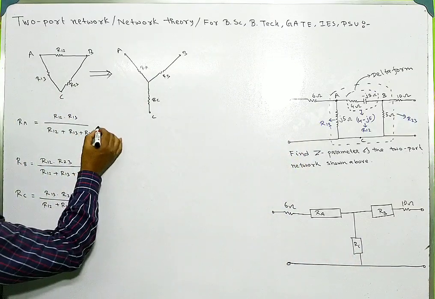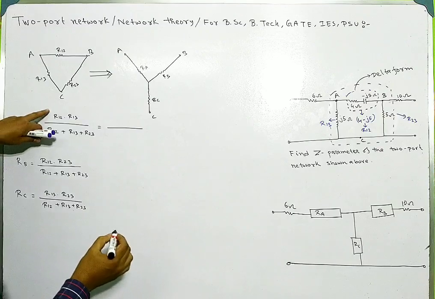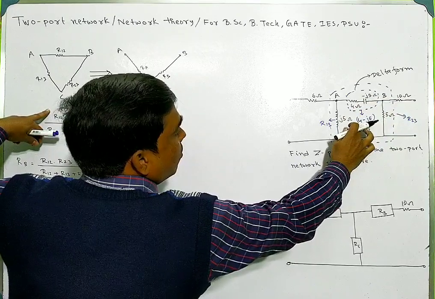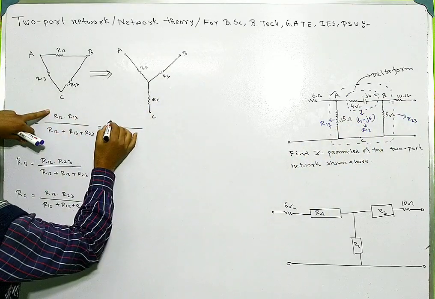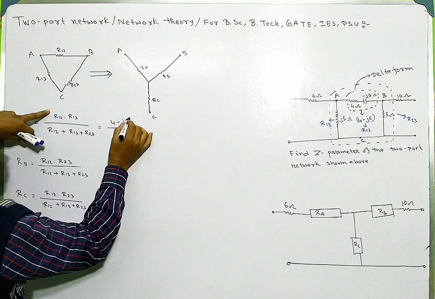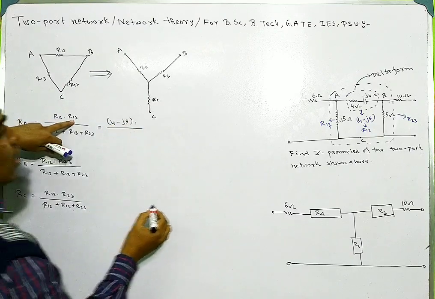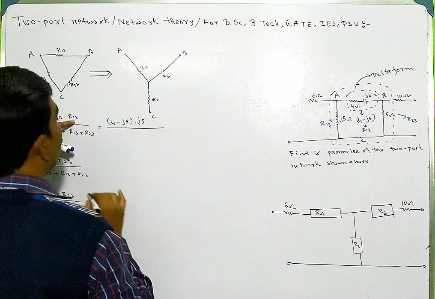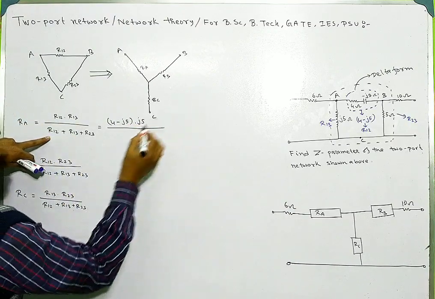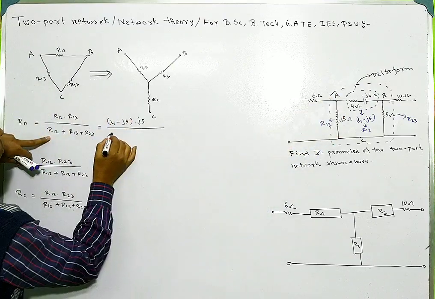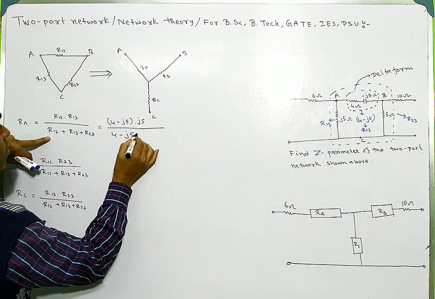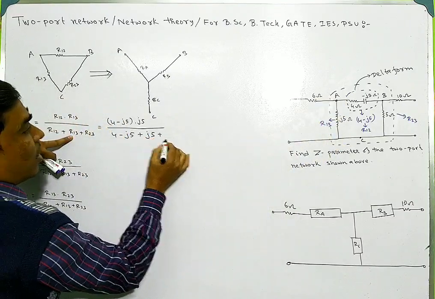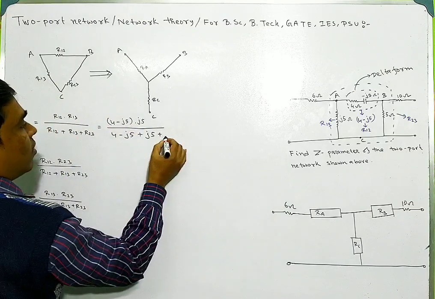Okay, so here RA is R12, that means this resistance 4 minus J5, multiplied by R13, which is J5, divided by the summation of all resistances, so this is 4 minus J5 plus R13, which is J5, plus R23, which is 5.